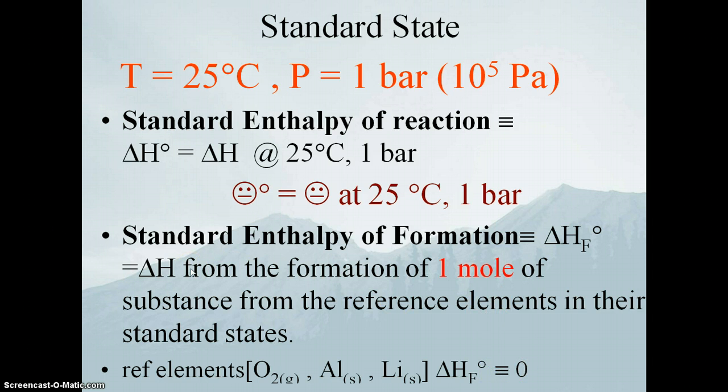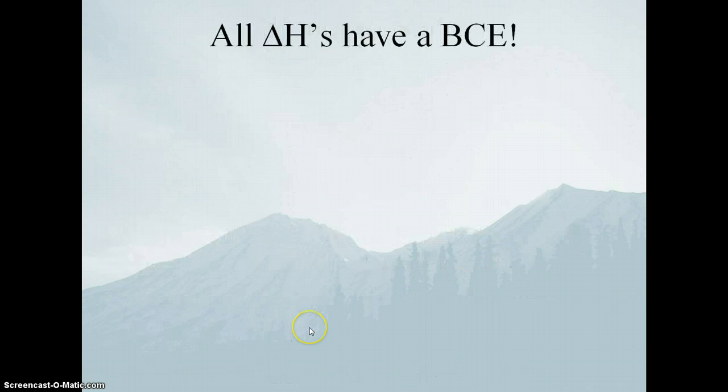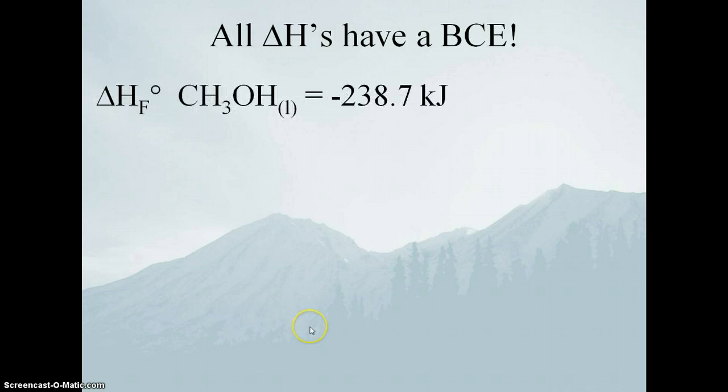So if I tell you the delta H of formation for a particular substance, you should be able to write me the balanced chemical equation associated with that delta H just using this definition. I know it's kind of confusing. It'll make a lot more sense if we do an example. So here is my example of methanol. The standard enthalpy of formation of methanol is minus 238.7 kilojoules.